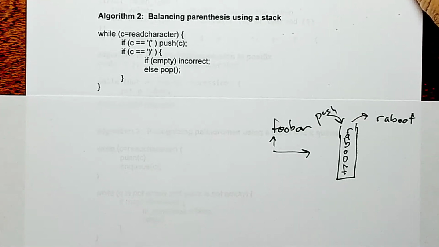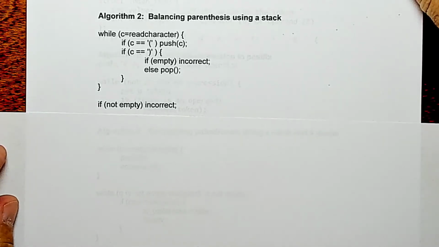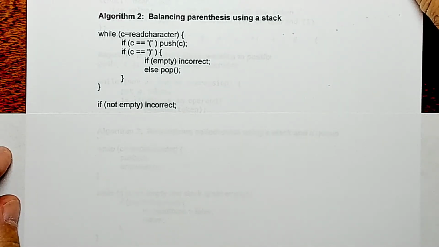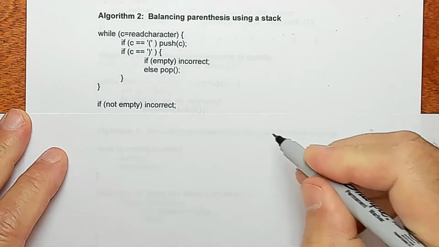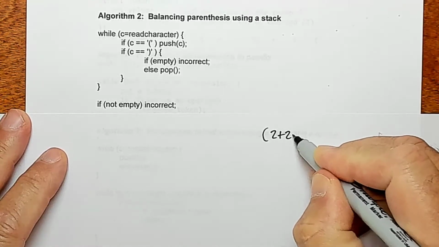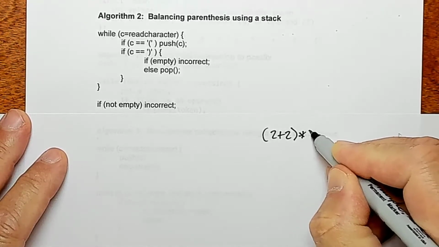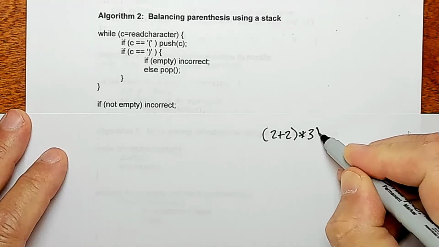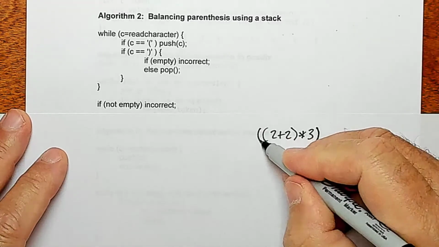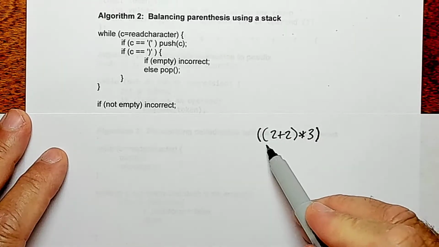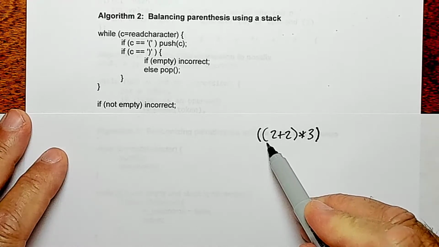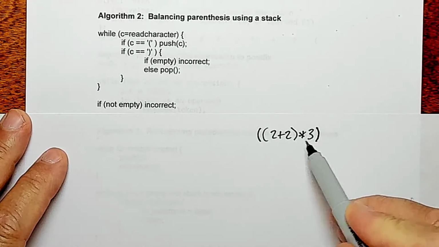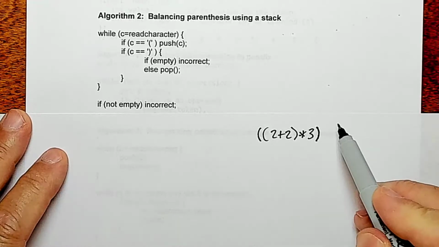So here's another one. This one will check if parentheses are balanced. For example, let's say you had 2 plus 2 times 3. If I have a closing paren here, I need another one here. That's what we mean by balance. For every left paren, I have to have a matching right paren. Otherwise, there's something wrong with the expression.